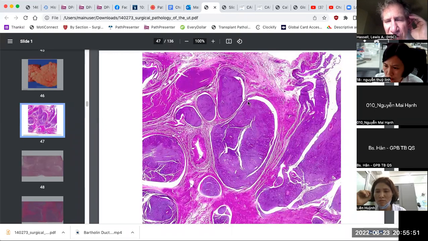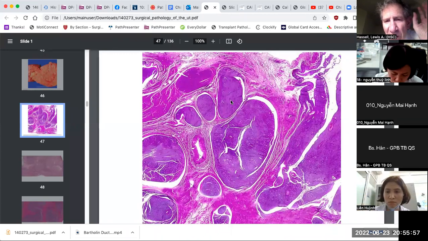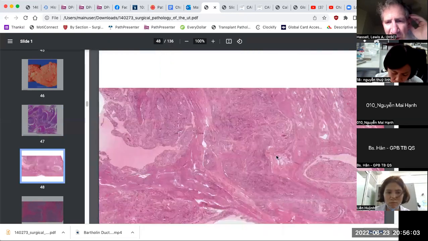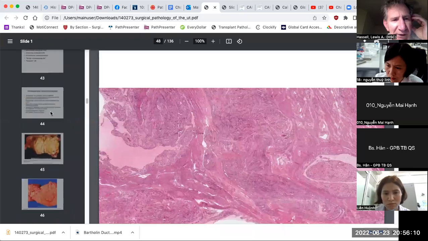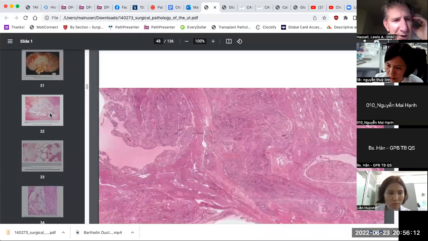The vasculature is very delicate small vessels, not big vessels, whereas with leiomyoma or leiomyosarcoma, you'll get bigger vessels admixed in there, and you'll have the more fascicular pattern.